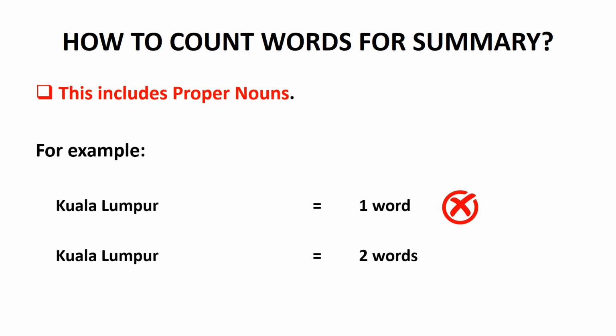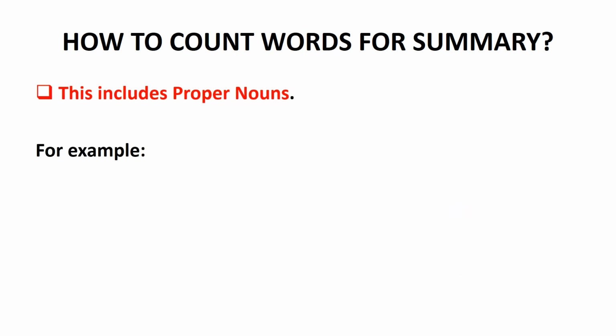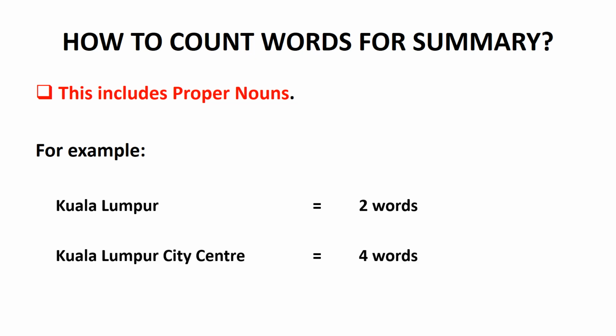Okay, so in English, to count the words is very simple. So Kuala Lumpur is 2 words. Kuala Lumpur City Centre is 4 words. In BM, Kuala Lumpur City Centre is considered as 1 word. But in English, Kuala Lumpur City Centre is considered as 4 words.